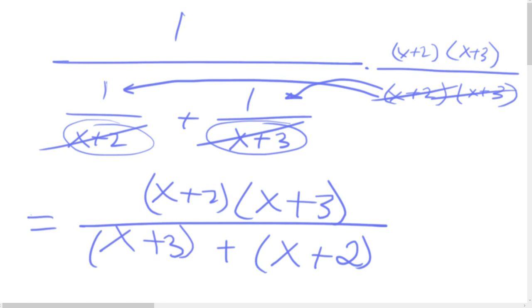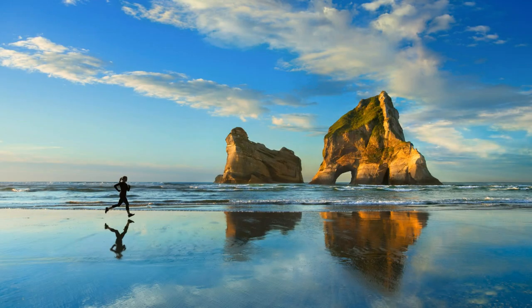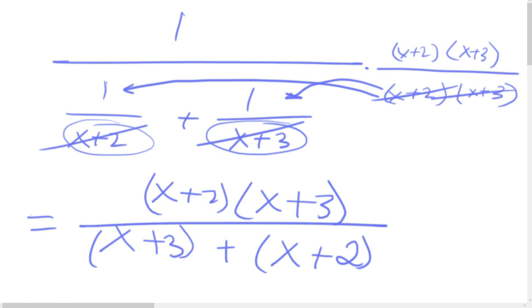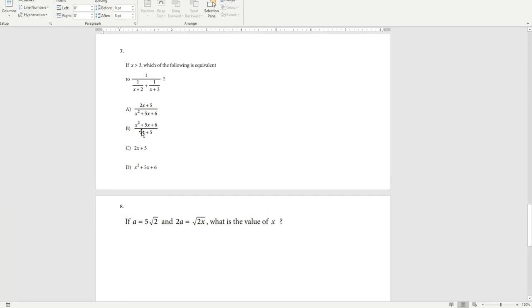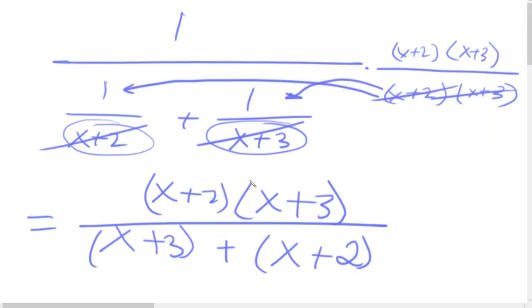Which of the choices looks like that? Number 7. It's choice number B. Because they did the FOIL already. You have to know the FOIL method.